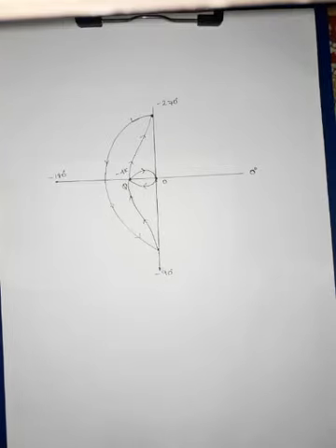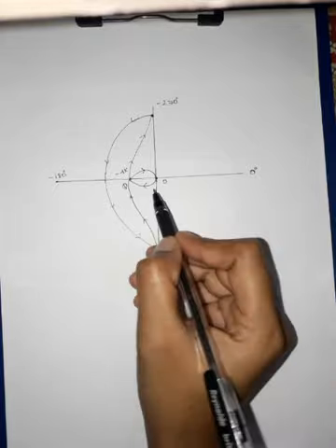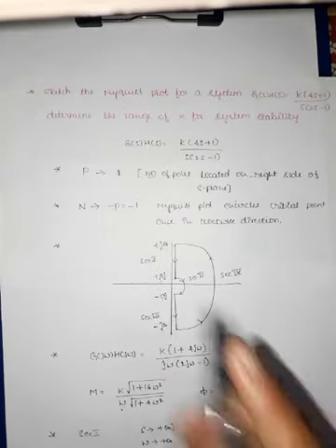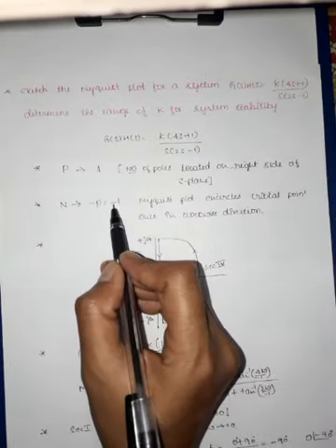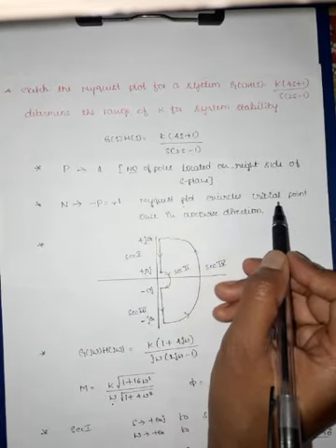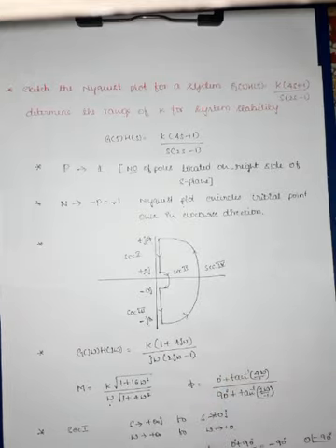The last thing is we need to identify the range of k for system stability. As I told you at the beginning, I wrote n is equal to minus 1. That means the Nyquist plot should encircle the critical point once in clockwise direction.